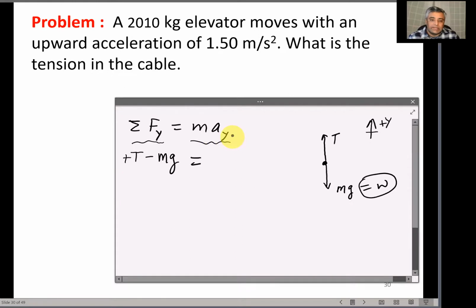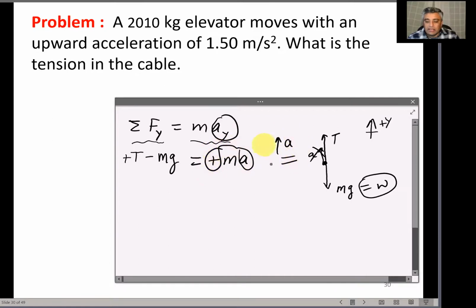In the free body diagram, we do not want to draw acceleration on the body. Rather, I like to draw acceleration somewhere on the side. That way I can see acceleration is pointing up, and I chose up as positive, so this must be positive ma. See, ay is the acceleration in the vertical direction.